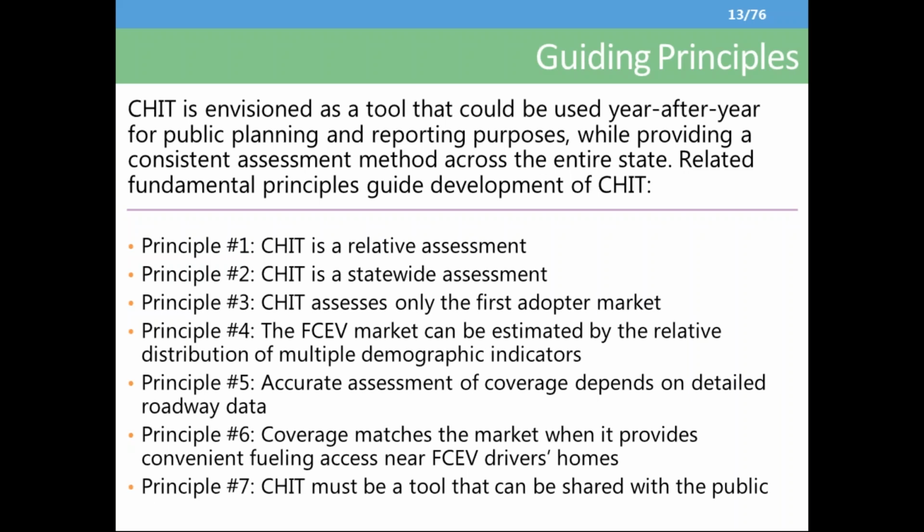Accurate assessment of coverage depends on detailed roadway data. I didn't present a lot about this in the previous slides, but if you look back at the 2015 webinar, there was a lot of discussion about what we call Tiger ITN. It's our roadway data set that we developed here in cooperation with some of our colleagues at ARB that provides a much more detailed and a much more accurate assessment of vehicle travel speeds on all the different levels of roadways than has been used in other works in the past.